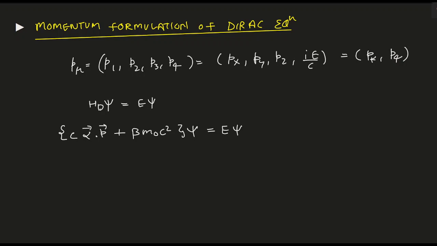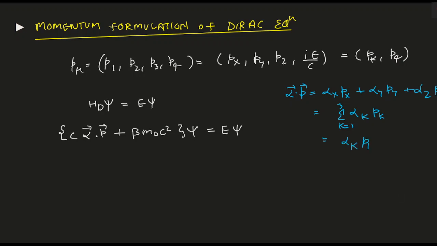Now this alpha dot p can also be written as alpha x px plus alpha y py plus alpha z pz. Or you can write it as summation k equals 1 to 3 alpha k pk. If you are using the summation convention, you can drop the summation simply, because if any index is repeated, the summation is by itself implied, it is self-evident.